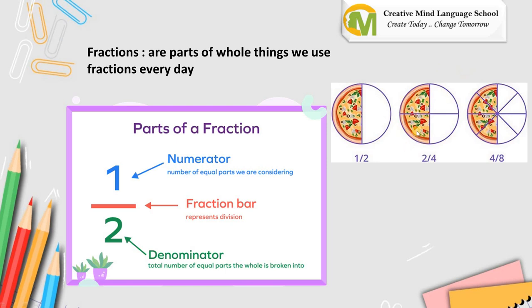I take two parts. From how many parts of pizza? It's 4. I counted all parts. So, the fraction is represented by 2 over 4. And the third pizza, I eat 4 parts of pizza from 8 parts. The total parts is 8.